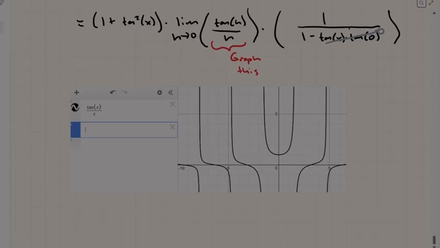All right. And so we want to know what happens for tan h over h, graphing it with tan x over x. What happens when x approaches 0 on this graph? It looks like then the limit as h approaches 0 of tan h over h would equal 1.